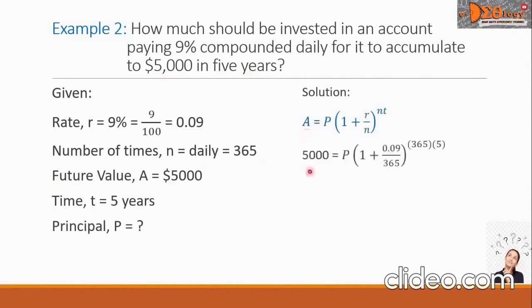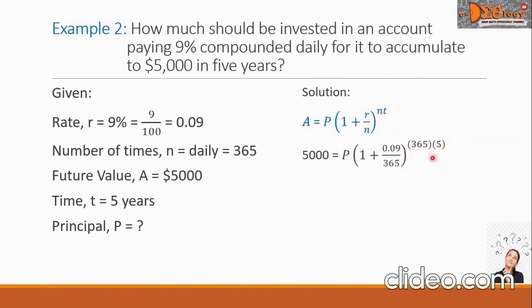The A becomes 5,000 equals P, that is what we want, we will copy it here. 1 is a constant, we will copy that, plus R over N. Our R is the 0.09 over N, that is 365. And this value is raised to an exponent, and that is the product NT. N is 365 while T is 5.